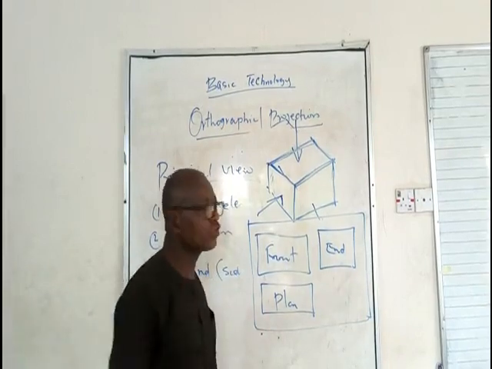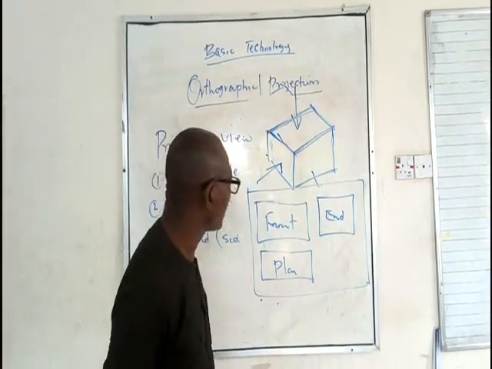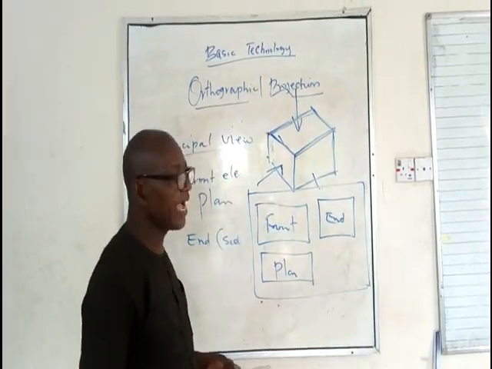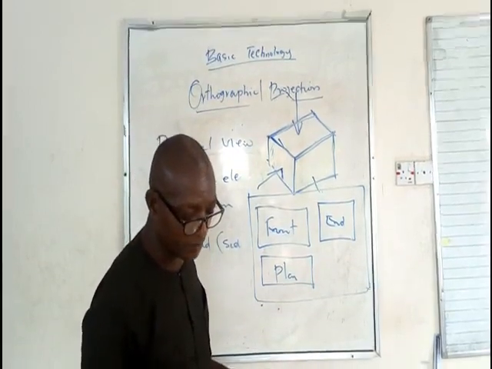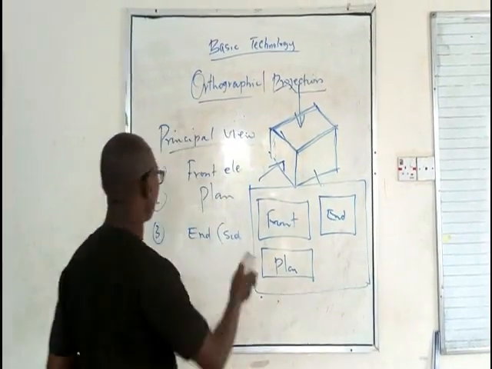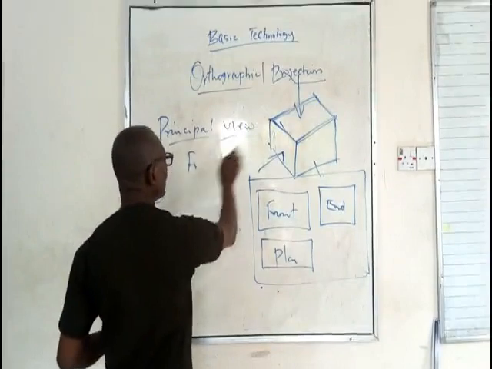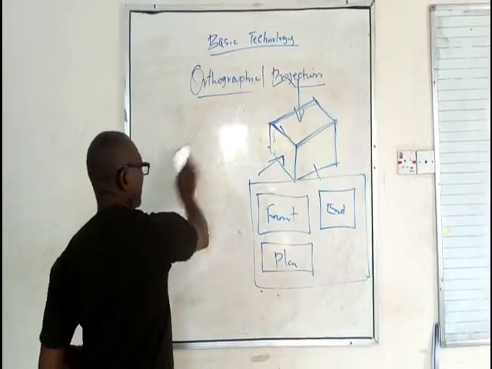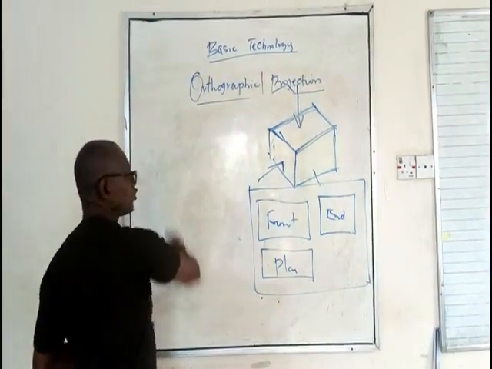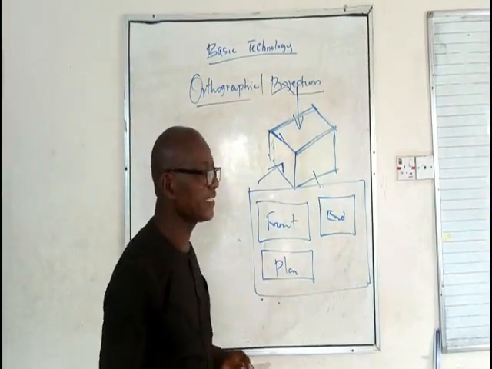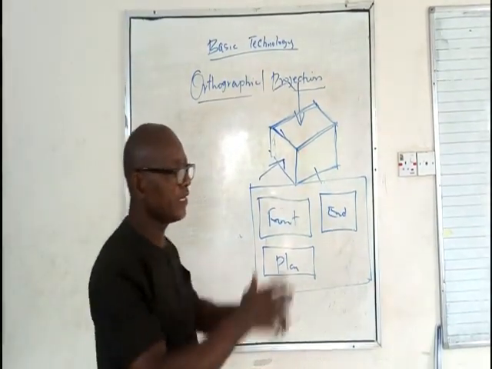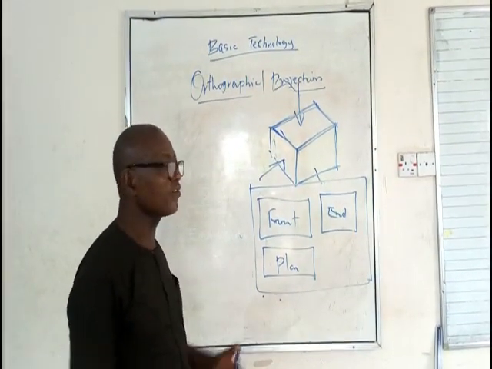And in orthographic projection, I said earlier that we have what we call the angles of projection. Angles of projection is like what I explained. When the two principal views intersect each other, then it gives us four quadrants, four sections.